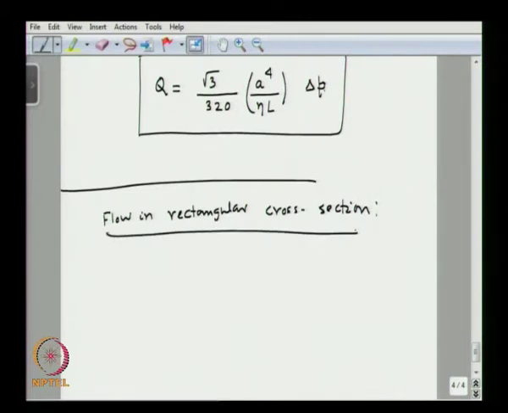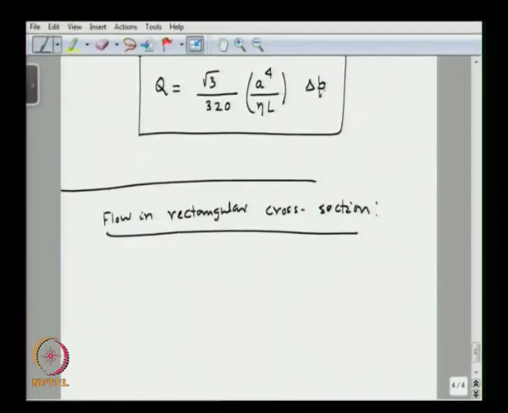Unfortunately, in rectangular cross sections we do not have an exact solution. The best we can obtain is a Fourier series expansion to approximate the velocity profile. So, an exact solution is not possible here.